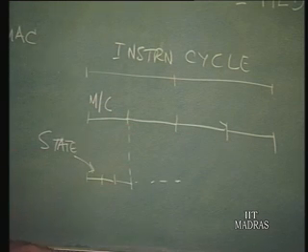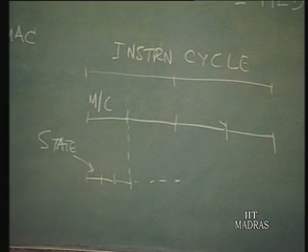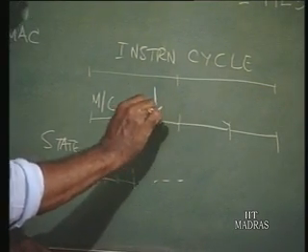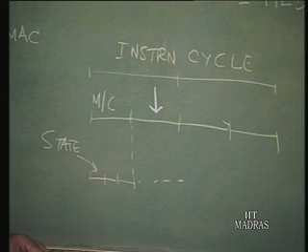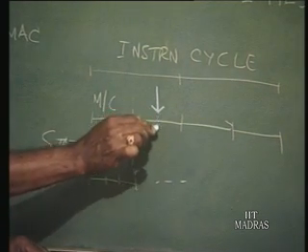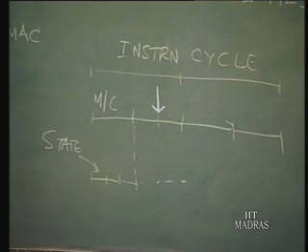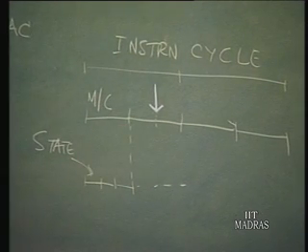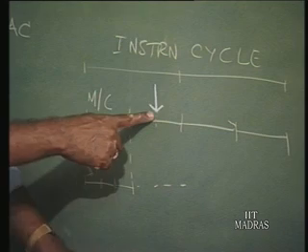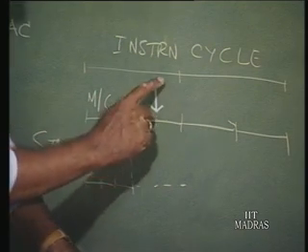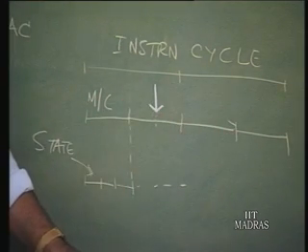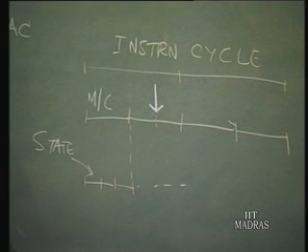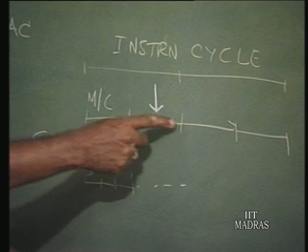Let us suppose the DMA request has come at this instant, maybe during some state. Now, what is to be done? If this were an interrupt request, we know that at the end of the instruction cycle the service will be taken up. But if it were a DMA request, it is coming halfway through the machine cycle.